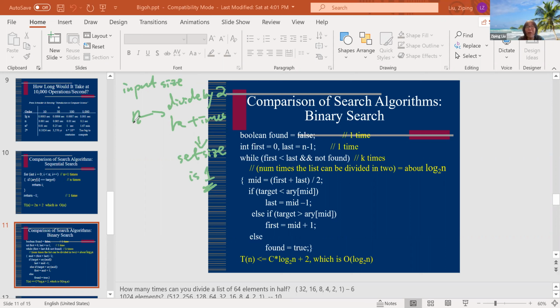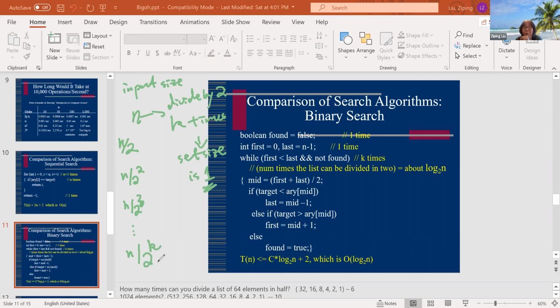So you need to divide by 2. First divide by 2, second divide by 2, then third divide by 2, and you're going to do this k times.